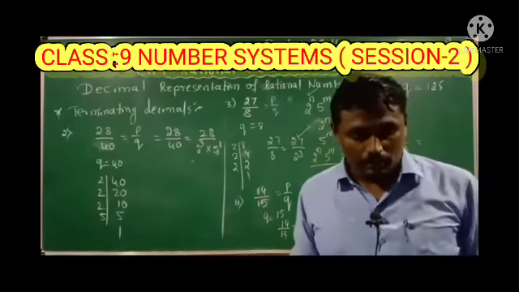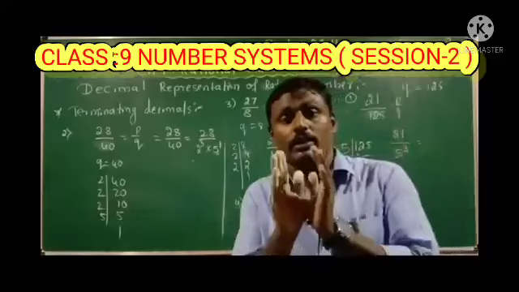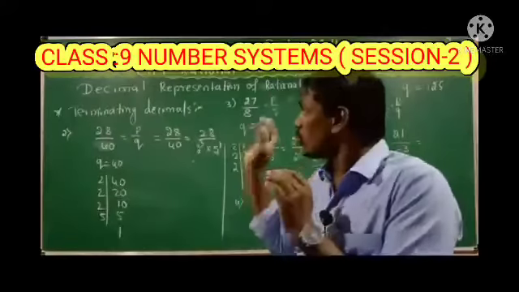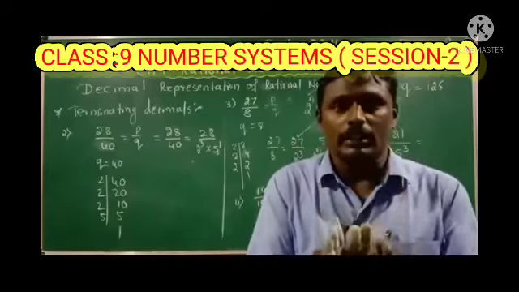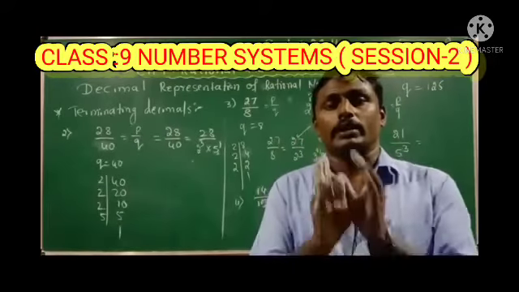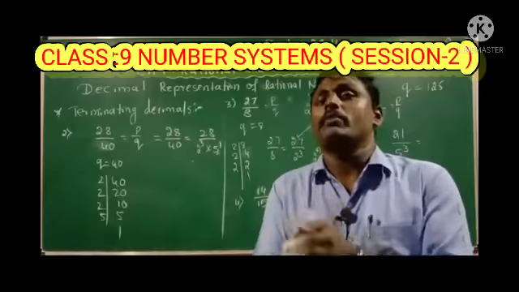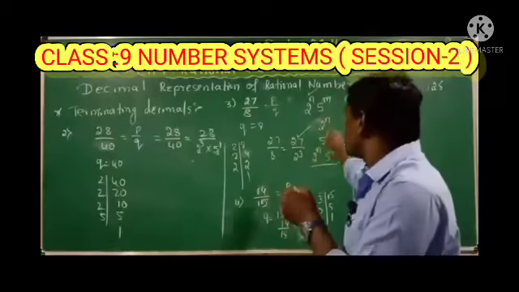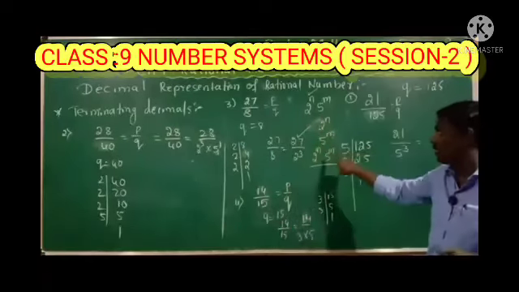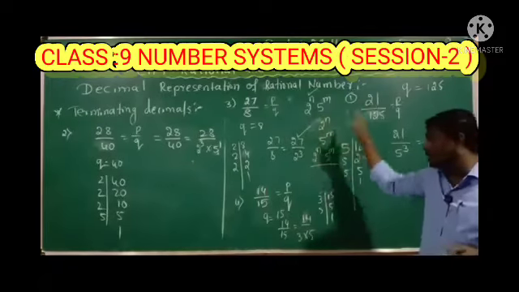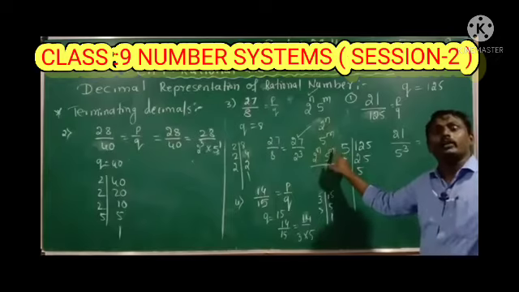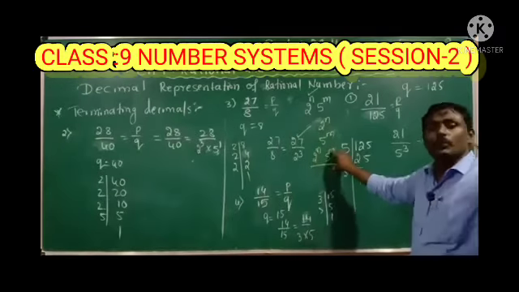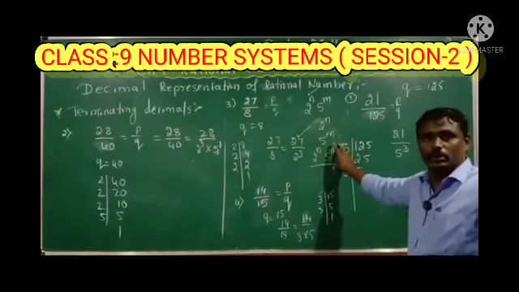Clear? Now we are getting some ideas based on terminating expansions. If the denominator of a rational number is in the form of 2 raised to n or 5 raised to n, or in the form of 2 raised to n and 5 raised to m, then those rational numbers are purely terminating rational numbers.